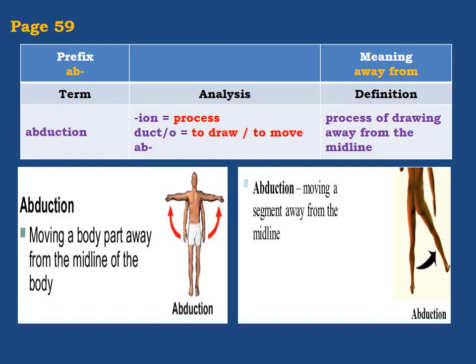Now, before moving the leg away from the other, they were next to each other, the legs. Now, after moving it away, look at the arrow, moving it away from the other leg, which is the midline, we will talk about this, we call this abduction. Okay, so this is the meaning of abduction. Abduction, the process of drawing away or moving away from the midline.